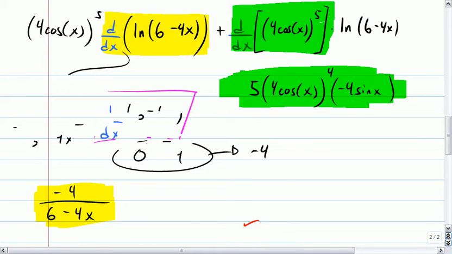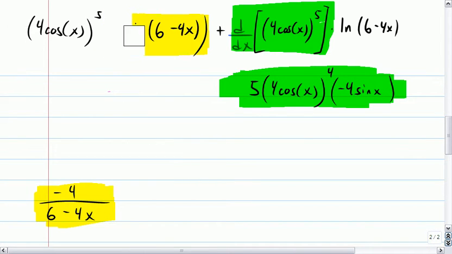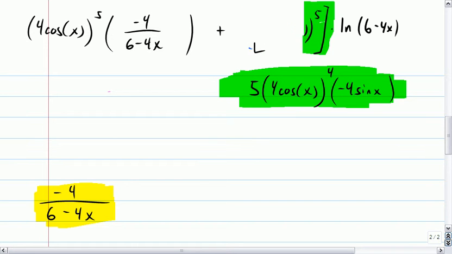I can make space there. So I'm just going to erase this yellow, and then in parentheses I'll put in this negative 4 over 6 minus 4x, and then erase the green and substitute.